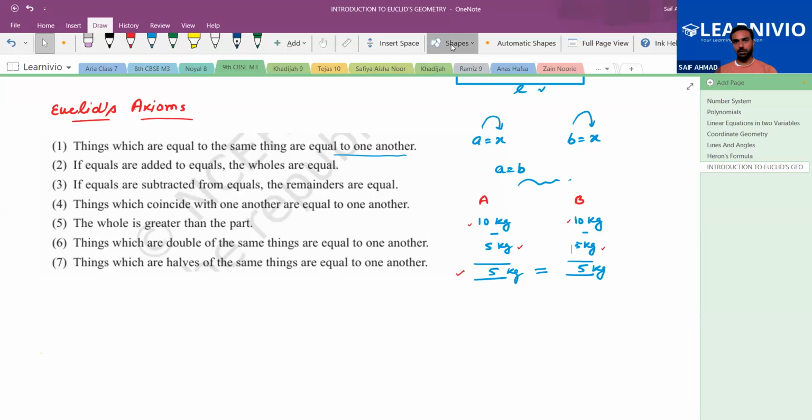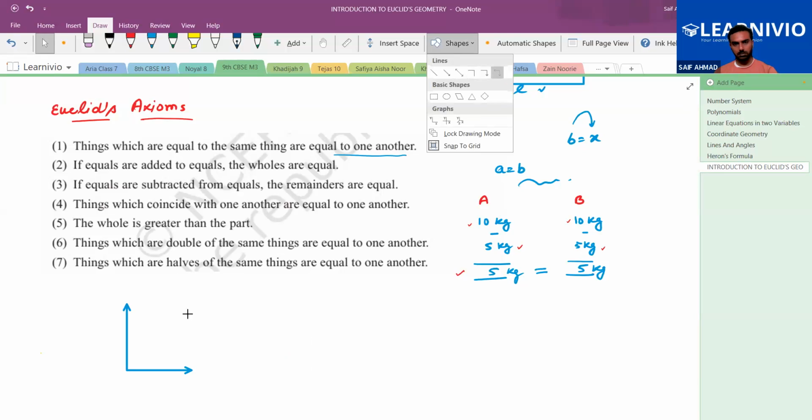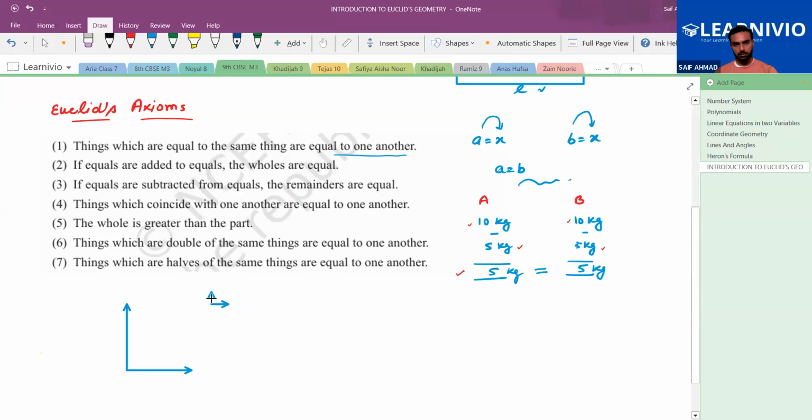For example, these are the two angles, each equal to 90 degrees.